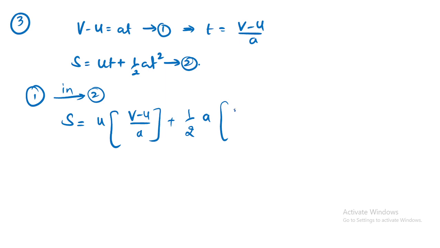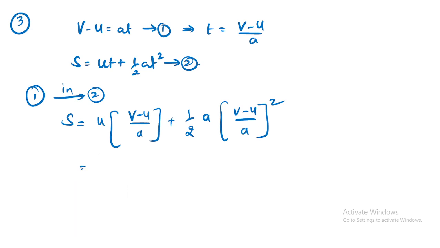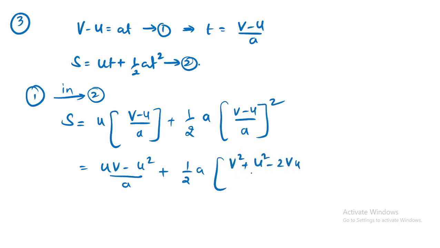Plus half into a into t, which is v minus u divided by a whole square. So which is equal to u(v minus u) divided by a plus half into a into (v square plus u square minus 2vu) divided by a square.